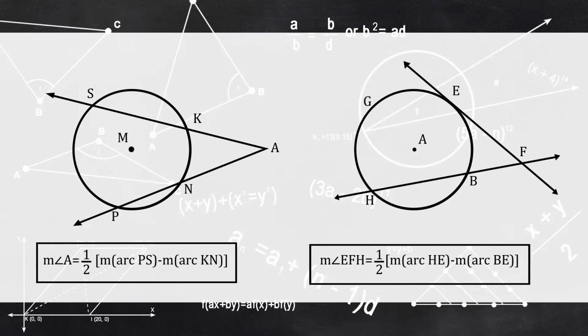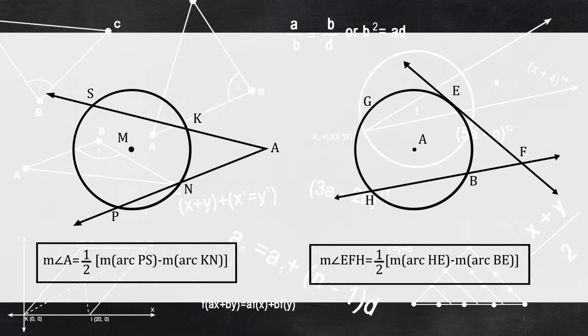The same applies if the angle is formed by two secant lines or a secant line and a tangent line intersecting in the exterior of the circle. In the figure, lines AS and AP are secant lines. Measure of angle A is equal to 1/2 measure of arc PS minus measure of arc KN.